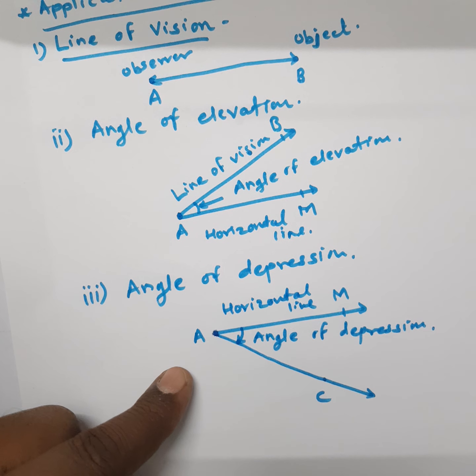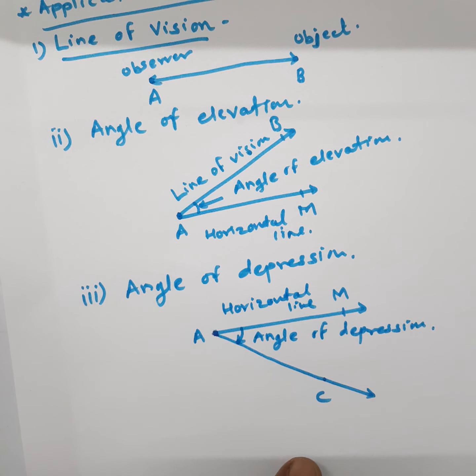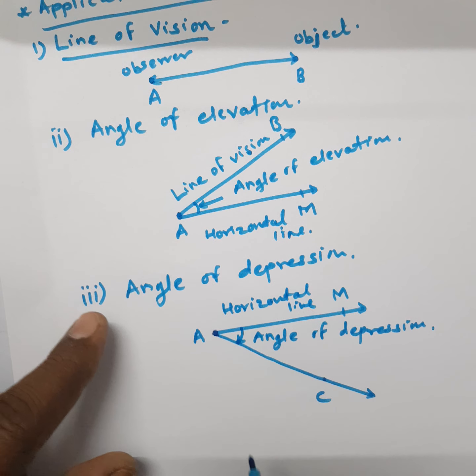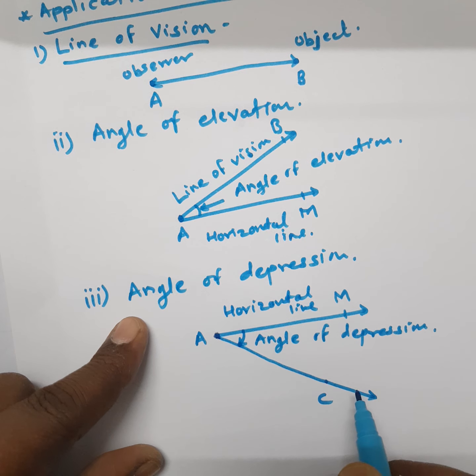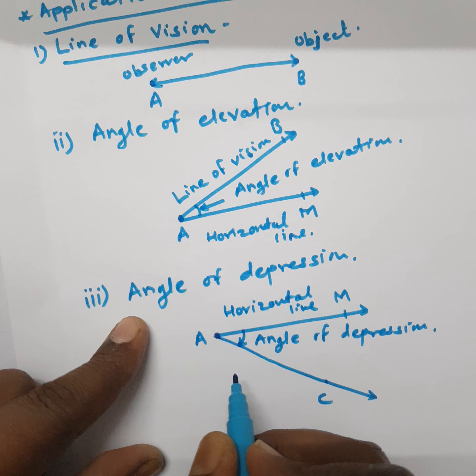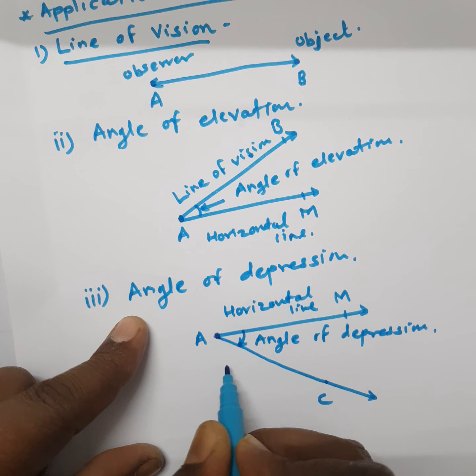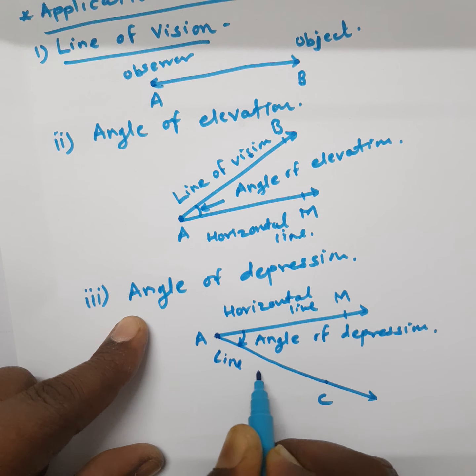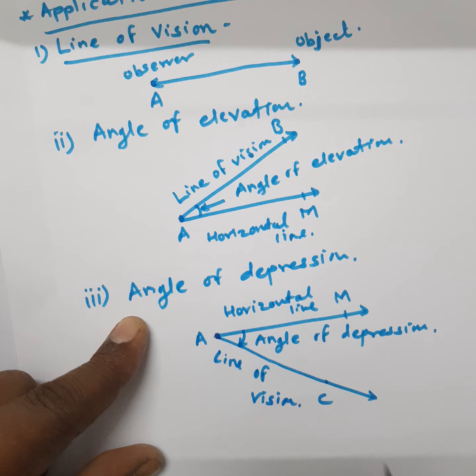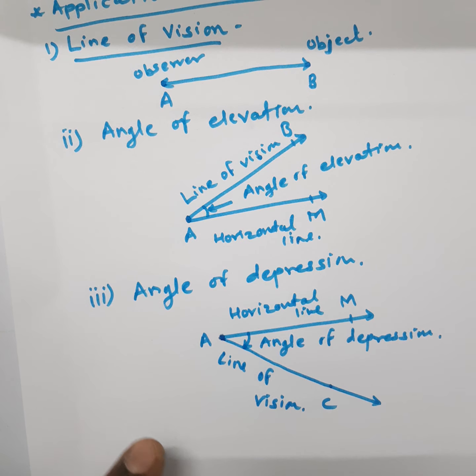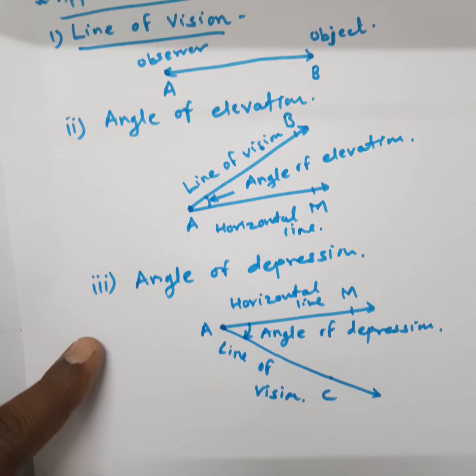Observer at A looking towards point C, that is the object, then line AC will be the line of vision, and angle MAC is called the angle of depression.